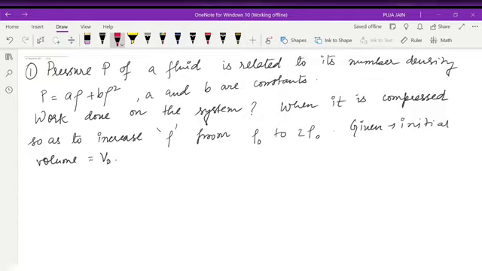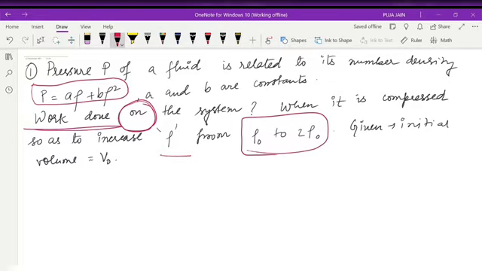What is given? They have given a relation between pressure P and the number density, A rho plus B rho square. We need to find the work done on the system. This is very important in StatMech. On the system or by the system, when it is compressed so as to increase rho from rho 0 to 2 rho 0. Here I am also providing you the options.